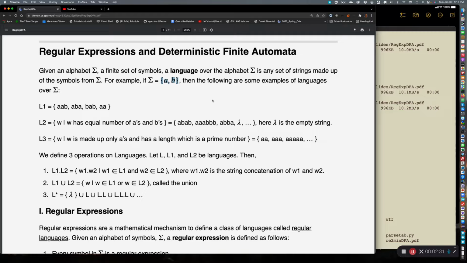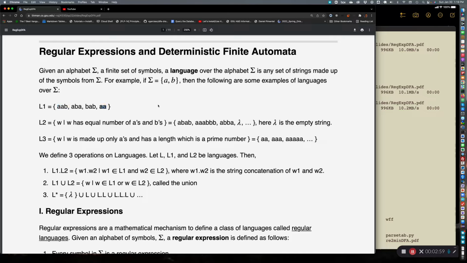Okay, so we define a language as a set of strings made up of symbols from the alphabet. And here are three examples. For L1, we are going to assume the alphabet sigma equals A comma B. So all the languages we are defining will use that alphabet. The first one is L1, which has only 4 strings in it: 1, 2, 3, and 4.